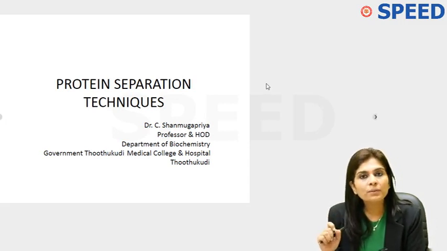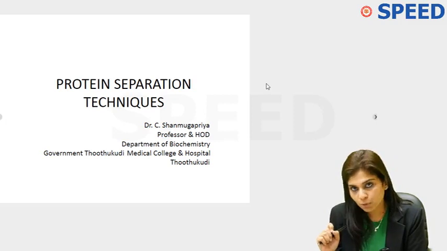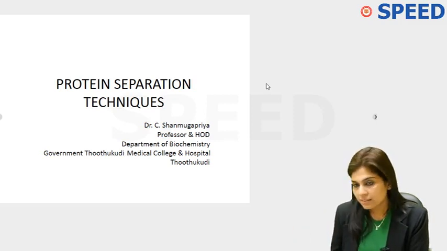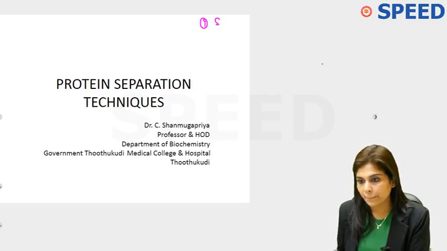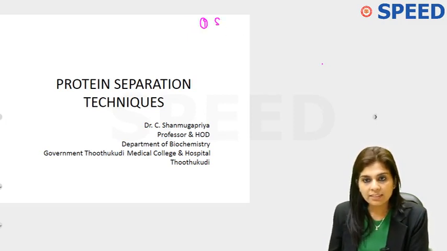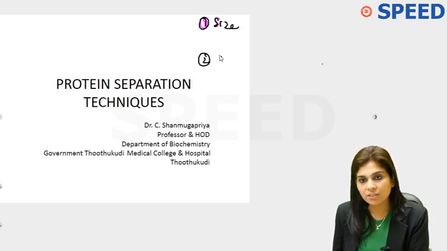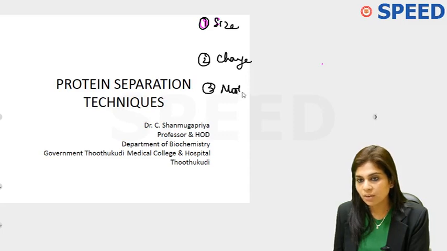First, what are the properties based on which we can separate proteins? Proteins can be separated based on, number one, size. They can be separated based on charge. They can be separated based on molecular weight.